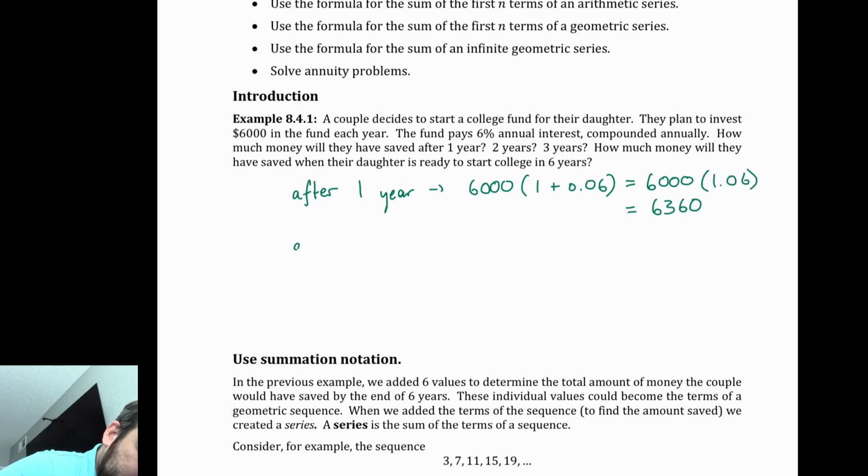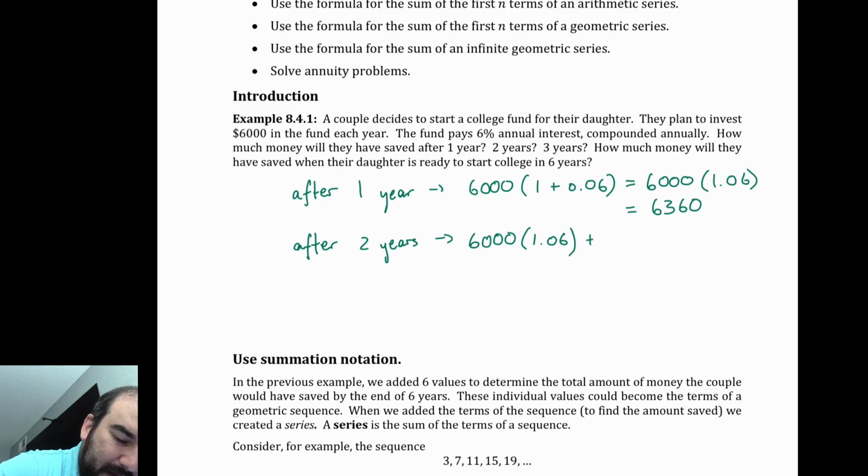After 2 years, we would have that previous answer, 6,000. So this is representing the first year, 1 times 1.06.